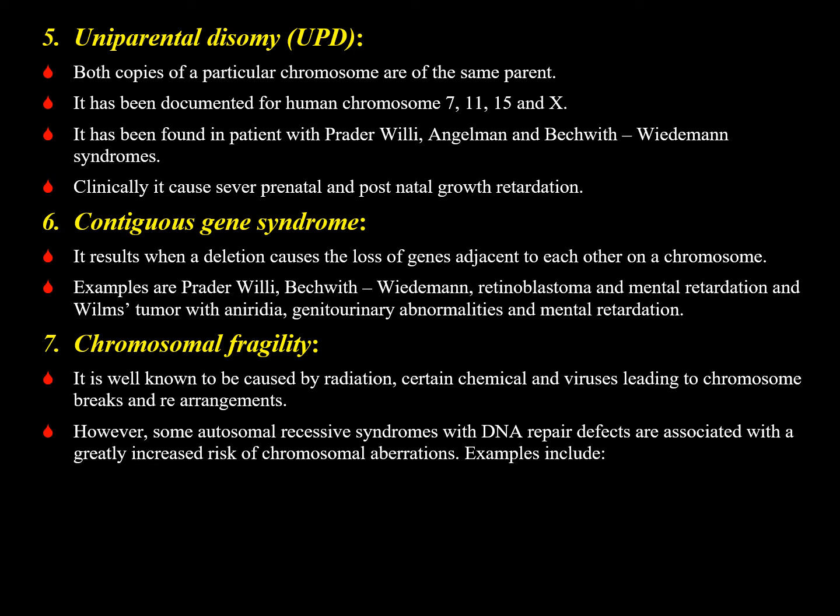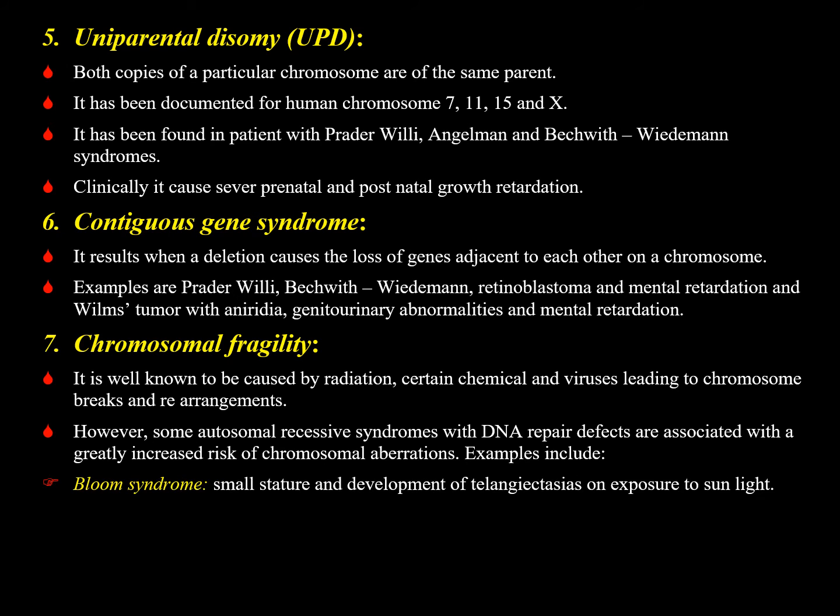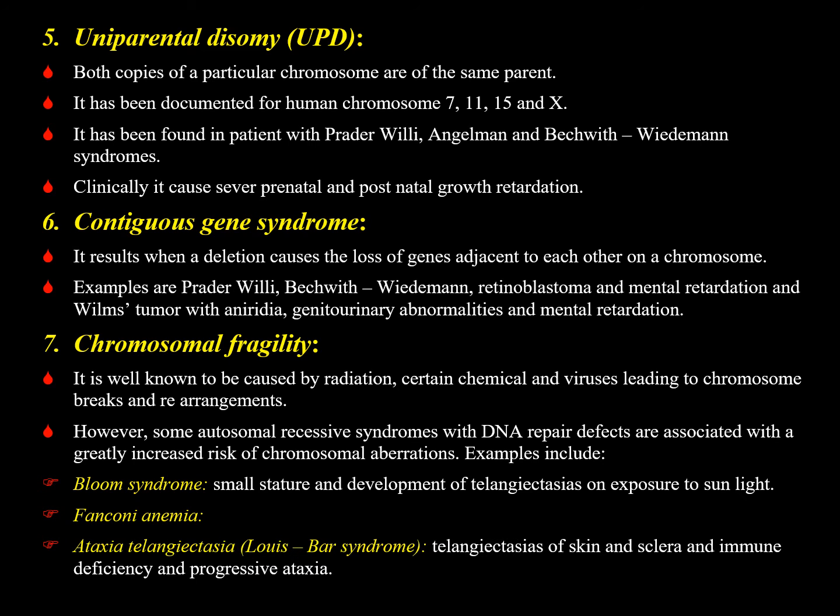However, some autosomal recessive syndromes with DNA repair defects are associated with a greatly increased risk of chromosomal aberration. Examples: Bloom syndrome, Fanconi anemia, ataxia telangiectasia, also called Louis-Bar syndrome.